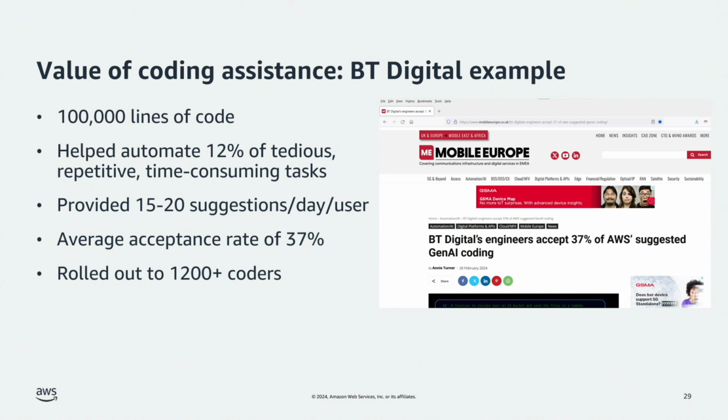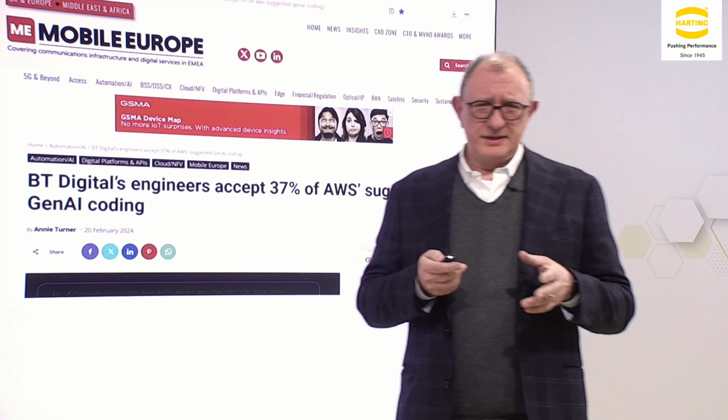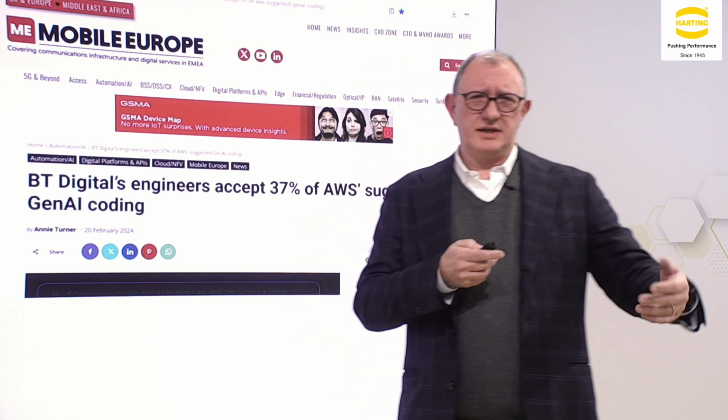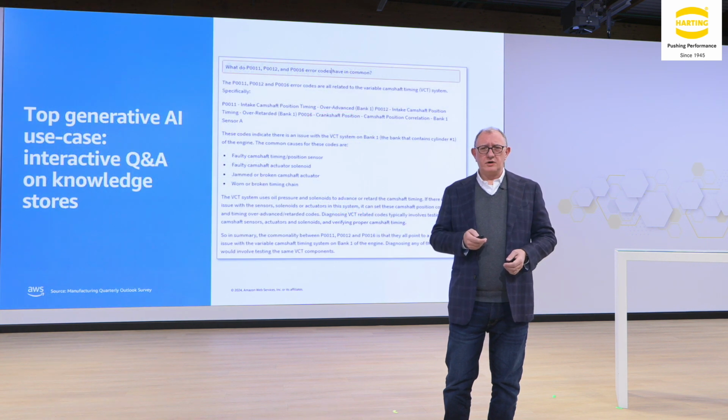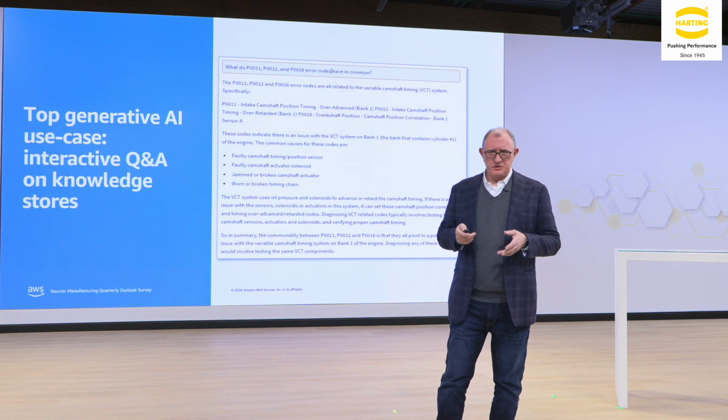On average, it provided each coder about 15 to 20 suggestions per day, and those coders accepted those recommendations about a third of the time, 37%. So it's pretty interesting how fast it can go. Once they tested that, they said, okay, this is fabulous, and they rolled it out to about 1,200 different coders. So take a look at the article. You can search on it. It's interesting reading.